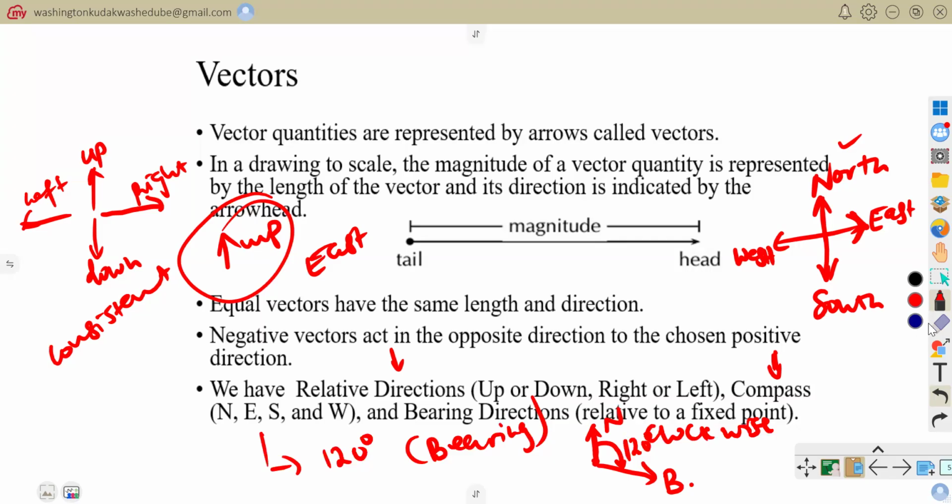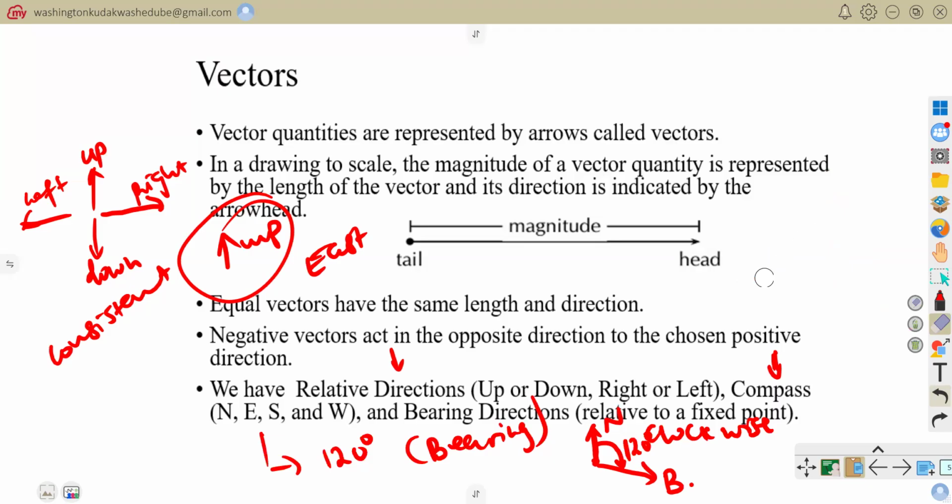So these are the types of reference, or let's say frame of reference, when you are referring to your direction. These are your reference points when it comes to direction. That is how we define our direction.